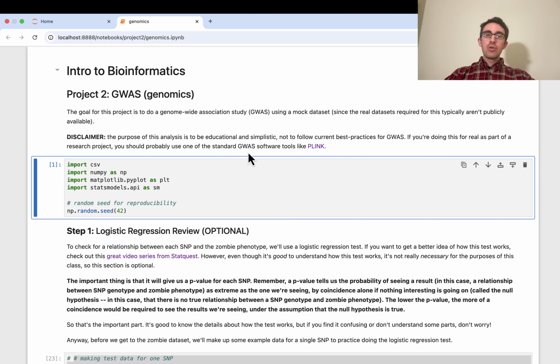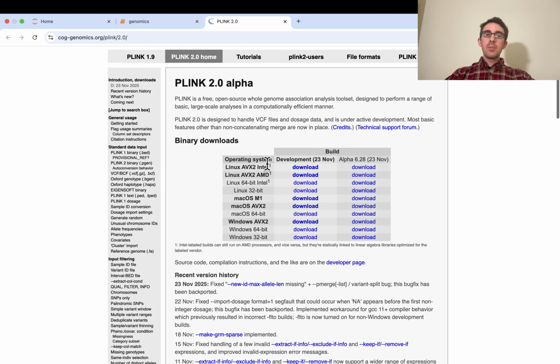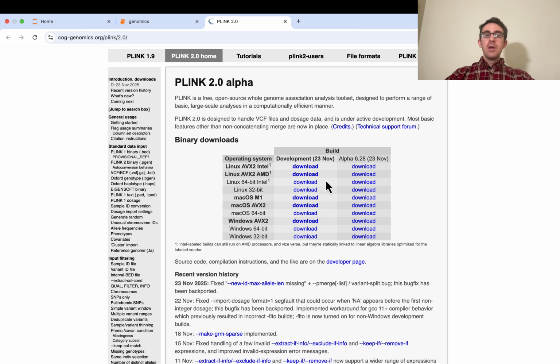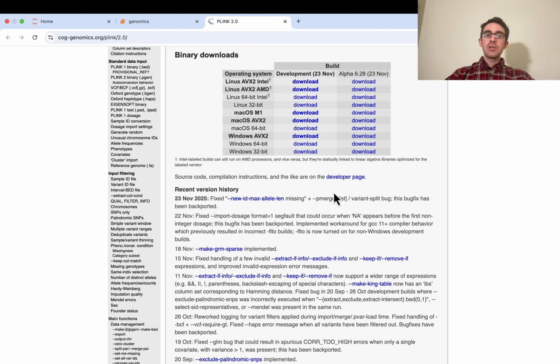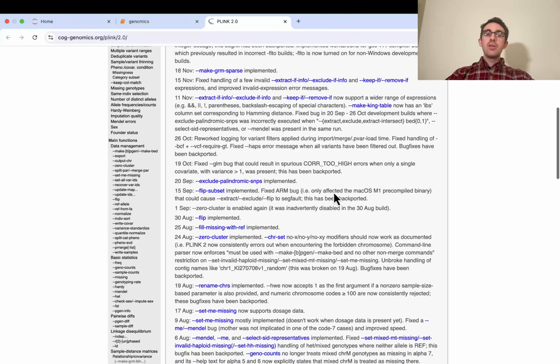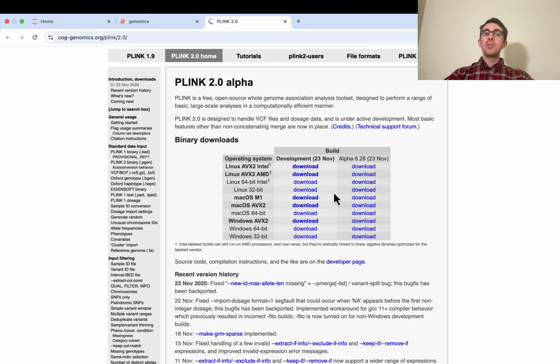One of the most common ones is this tool Plink. It's a command line tool that makes it easy to do GWAS, and it basically does all this stuff for you. This is one of the real-life tools that people use in real research projects.